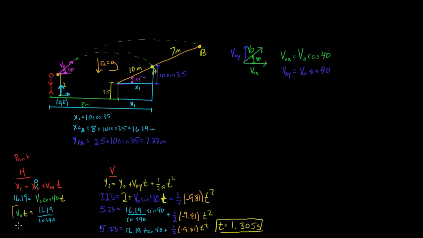equation right here, and we can plug this time in for velocity, and we can get that the initial velocity, the v naught, is equal to 16.19 divided by the cosine of 40, times this time, which is 1.305.